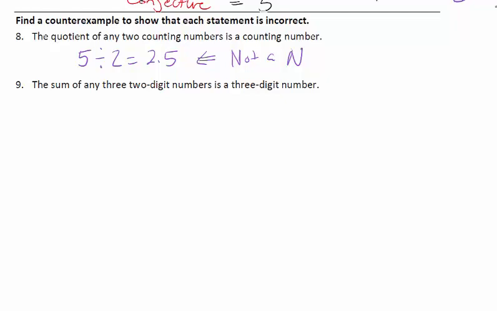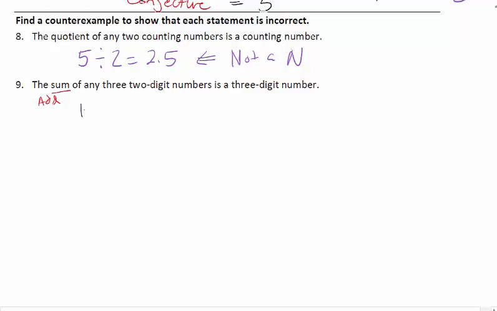Number 9, the sum of any 3 two-digit numbers. Sum means add. Any 3 two-digit numbers. So all you need is an example. Now the first example might not work to prove this is false, but you need an example to do it. So just try one.